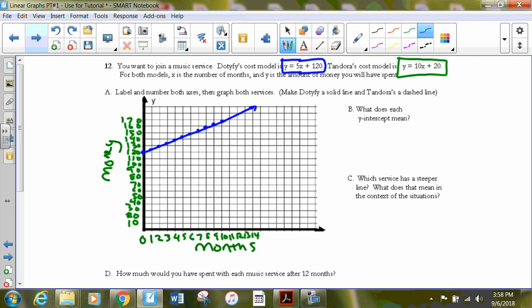And let's go ahead and switch to Tandoras. I'm going to do Tandoras in red. The y-intercept is 20, so it's way down here. And the slope is 10, so up 10 over 1. So we can already tell that this red line, Tandoras, is much steeper. Look how it's climbing so much faster.